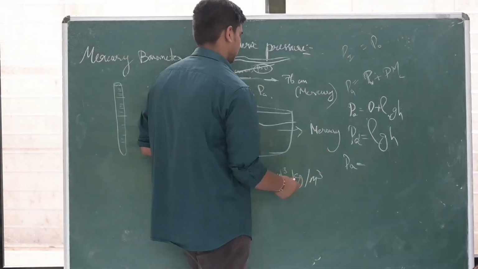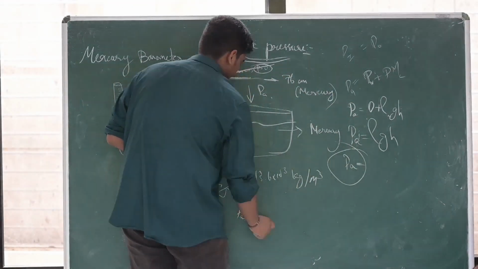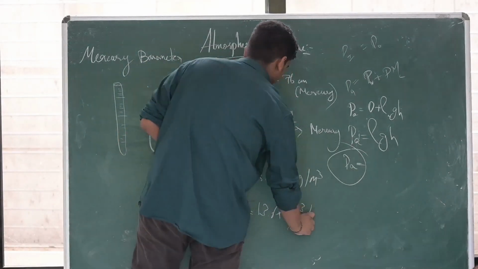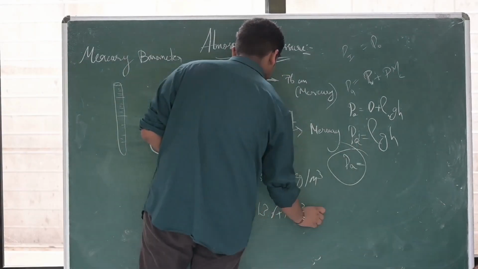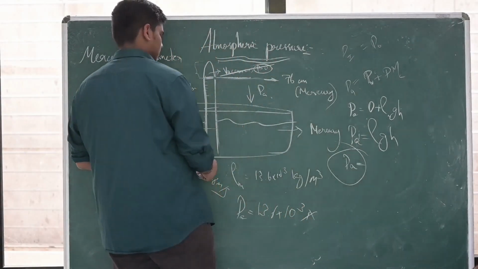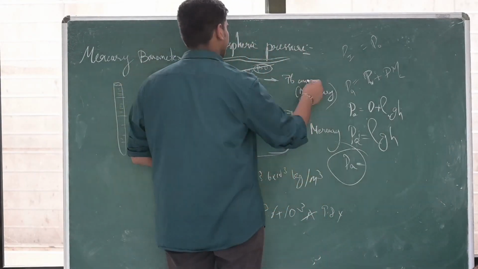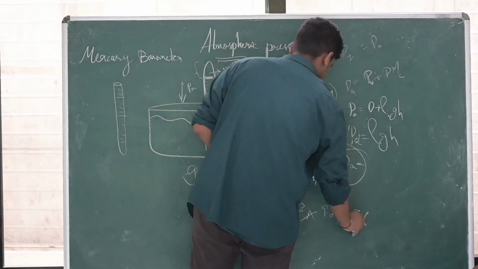So what is the pressure of atmosphere? PA is equal to rho, 13.6 into 10 power 3 kilogram per meter cube, into gravity 9.8, into height, which is in centimeter, converting it to meters, 0.76.